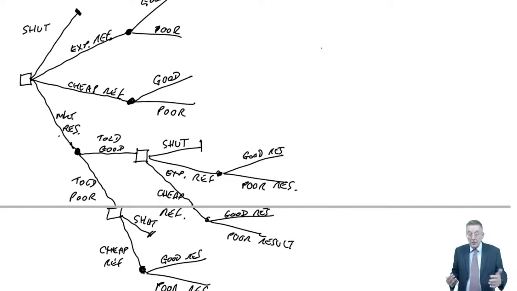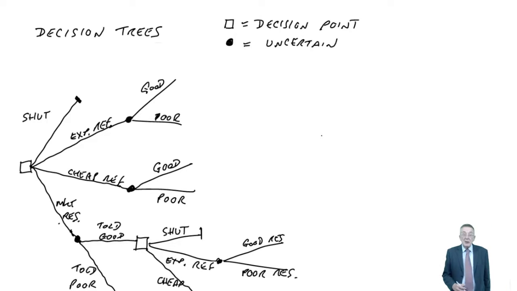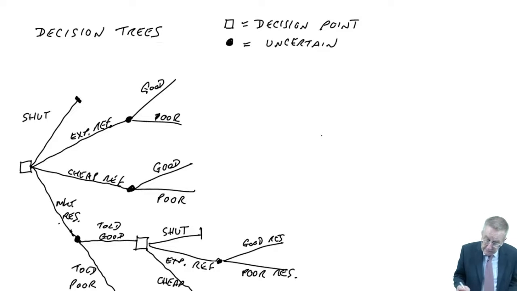Could be good, could be poor, and so on. Okay. Obviously, we want to end up solving it and making the decision. So let's now start going back and looking at the amounts and the probabilities. Let's fill them in, and then we'll be in a position to make the decision. So let's go through them all in turn.